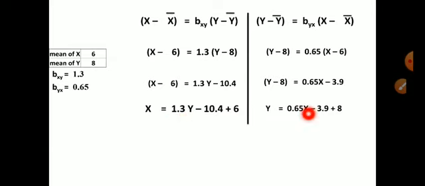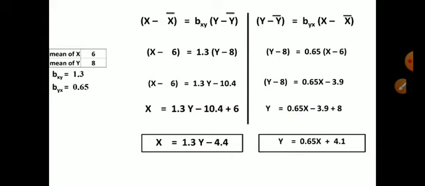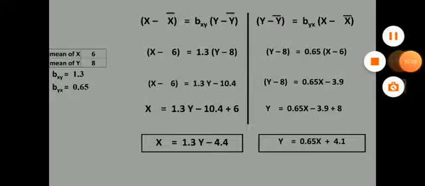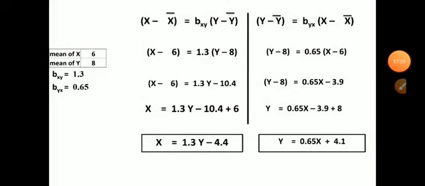Here y will be 0.65x minus 3.9 plus 8, that is y equals 0.65x plus 4.1. You will get these as the regression equations. This is how we calculate the regression equations x on y and y on x.